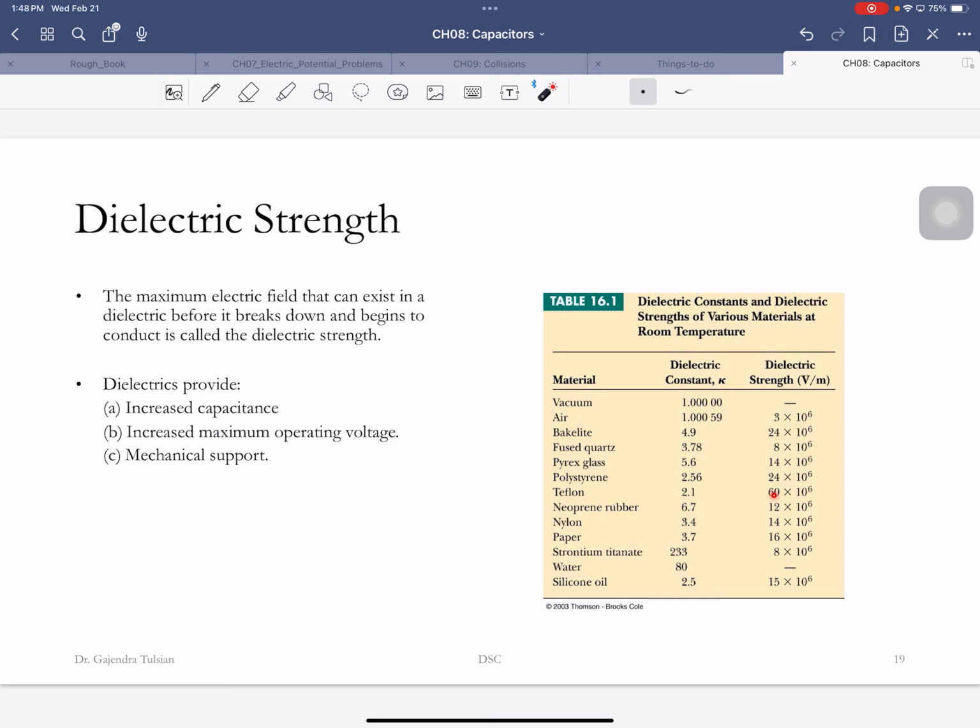So you can fill your capacitor with Teflon, and the electric field strength it can sustain is 60 million volts per meter. Beyond that point, it'll short. So that's what this dielectric strength is. Above these fields, that material will become conductive. Did you guys understand that?